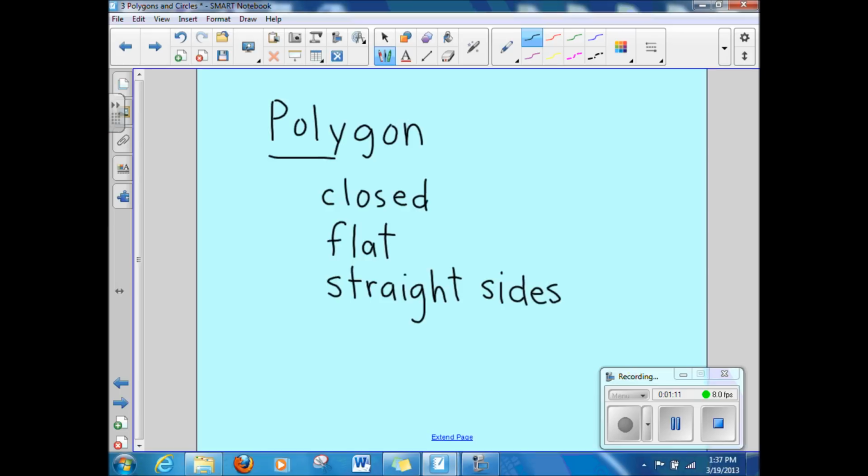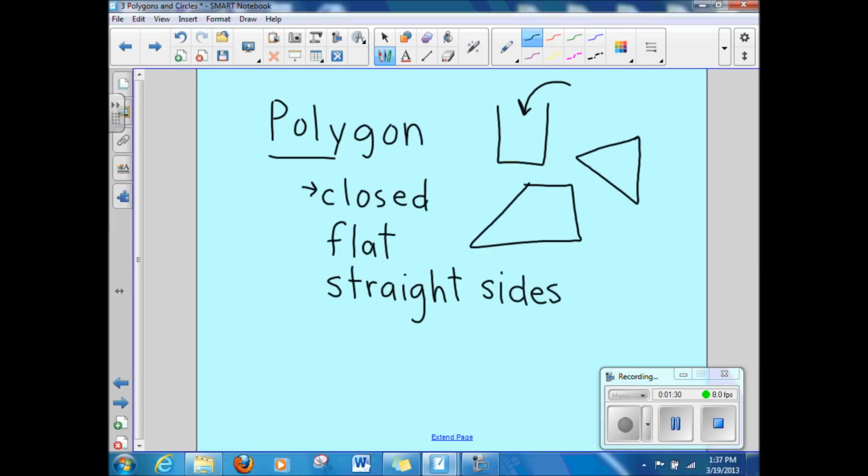Let's take a look at that first word, closed. Here's a figure, but it isn't closed. You can see that there's an open end on this side right here. It has to have completely closed in space. So that's a closed figure.